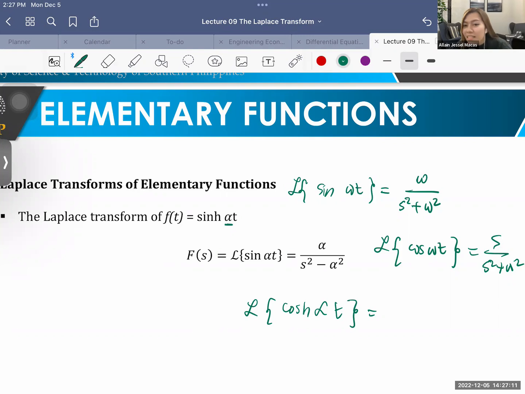Alpha naman ang sine. So, unsa man siya? Following the logic ba? Ma-plus na sila? Dili. Ma-minus, ma'am. Minus gyapon, correct? Kay hyperbolic man siya. So, s squared minus alpha squared. Sa numerator? S squared, ma'am? Or s lang? S lang.